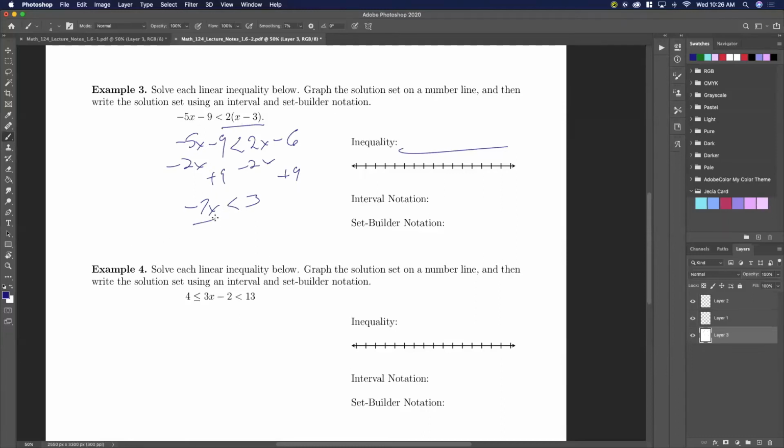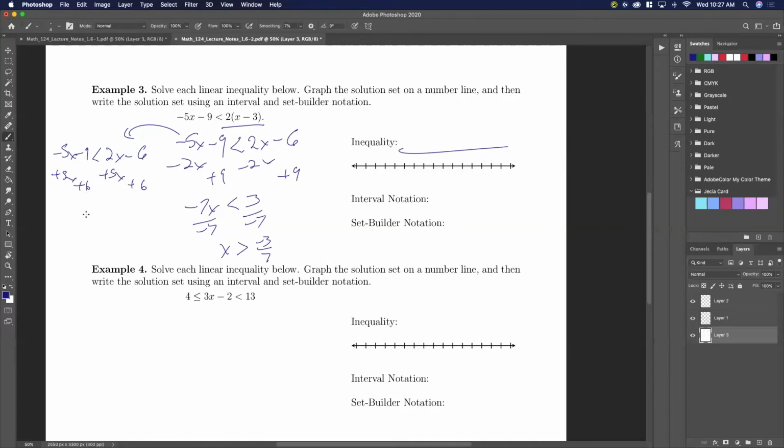And then here we're dividing by a negative 7. When we divide by a negative 7, we swap the sign. So x is greater than negative 3/7. Now the other option is you can move stuff the other way. Let me show that real quick, because I want to show something else at the same time. So this would be minus 5x minus 9 less than 2x minus 6. Here I could have moved the 5 over and then added the 6.